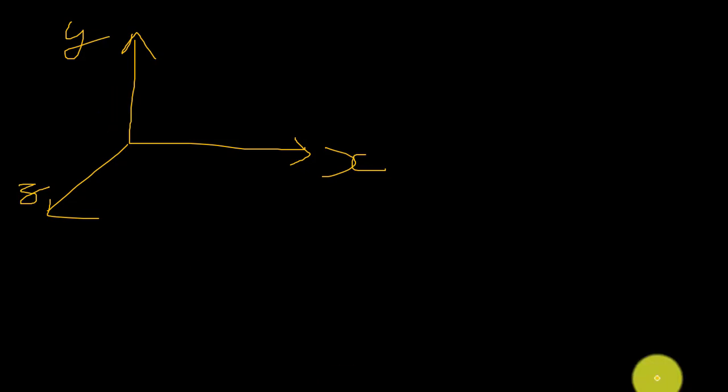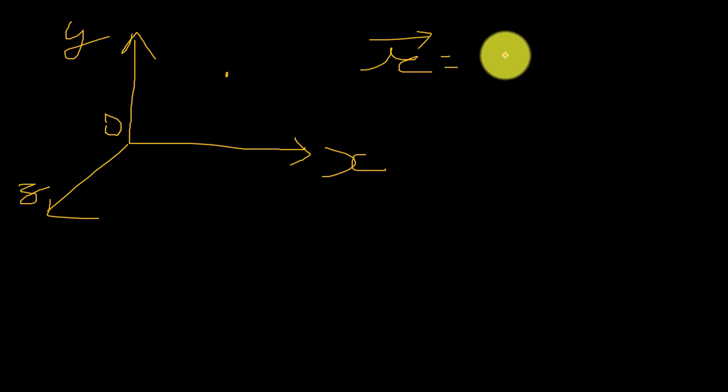So in three-dimensional space, if you have some point here, suppose any point P, the coordinates of this point P are going to be represented as x, y and z, where x represents the x component of this particle P, y represents the y component along the y direction and z along the z direction. And for this particle, its radius vector from the origin, suppose I represent it as the r vector, is represented as xi plus yj plus zk.